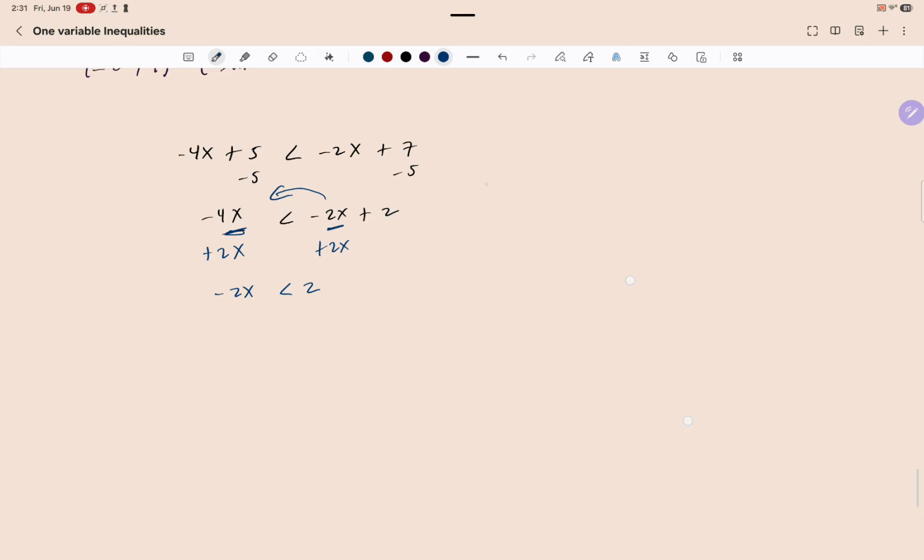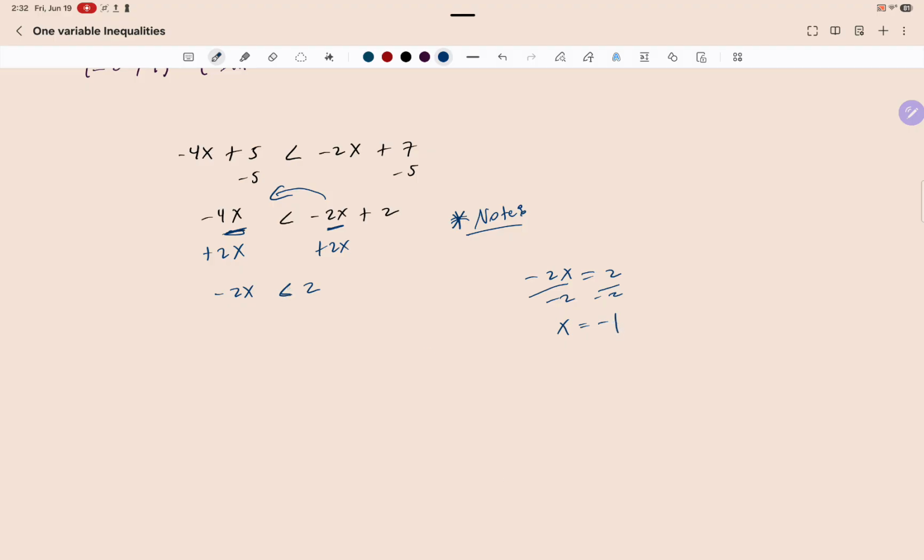Now, here is the second major difference between the inequality symbols and the equal symbol. Notice I have negative 2x. If this were equals 2, then I would just divide by negative 2 on both sides, and my answer would be negative 1, and I would be done.